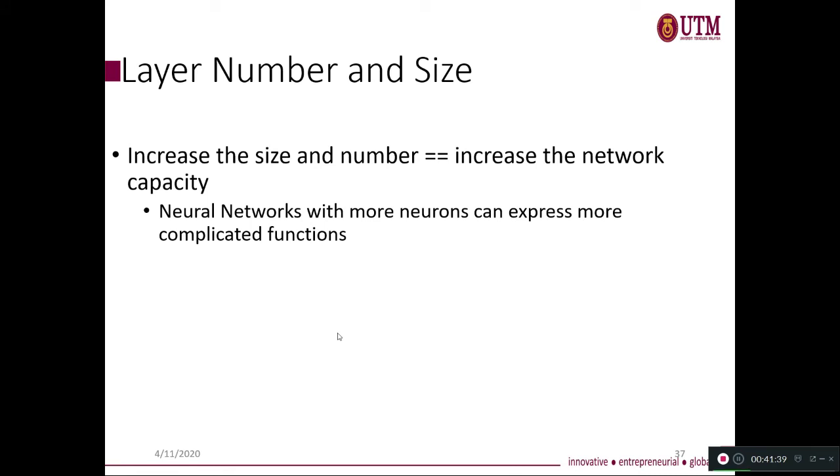If you increase the size and the numbers, you also increase the capacity of the neural network, meaning that the capability of your neural network in solving complicated data sets, or in generating a complicated function, goes towards better and better.